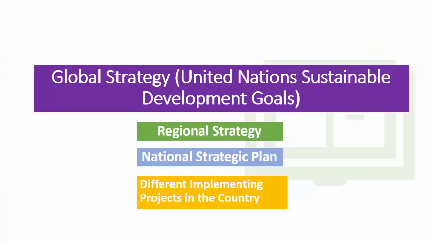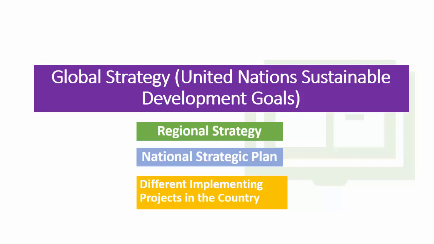Okay, so there's some background information that I want all of you to understand. The governments around the world, whether it's the US, Brazil, Uganda, or India, have a national strategic plan, or at least some kind of vision of where they want to see their country go.